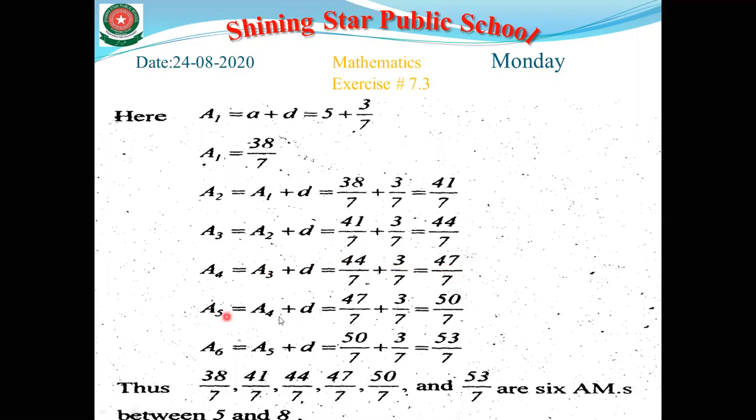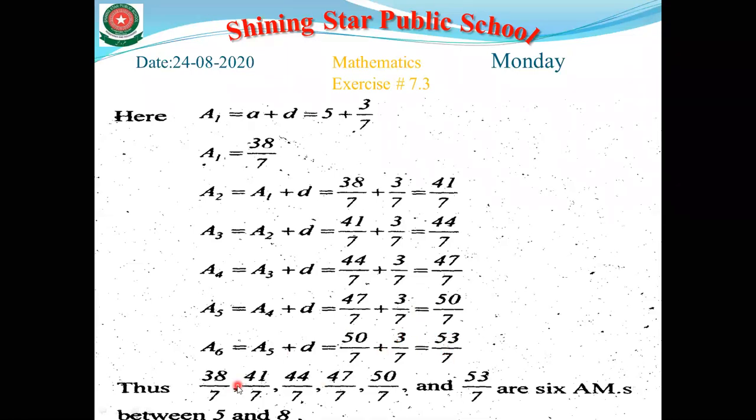Again for the next term, we will add the D to our previous term. Our previous term A4 is 47 over 7. So we will add 3 over 7. So 47 plus 3, 50. 50 over 7. Now for the next term, previous term is A5, 50 over 7 plus 3 over 7 is 53 over 7.